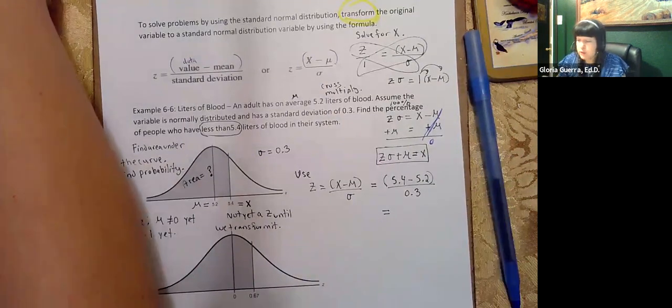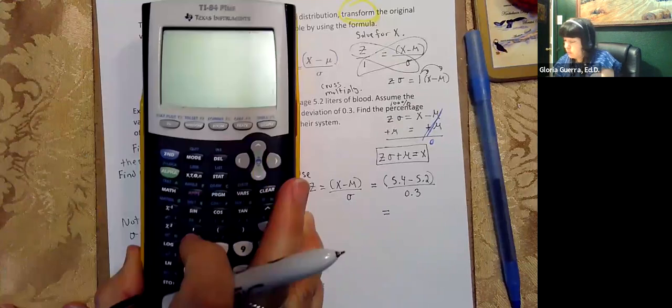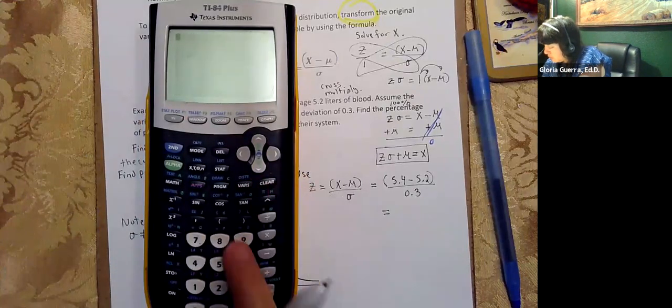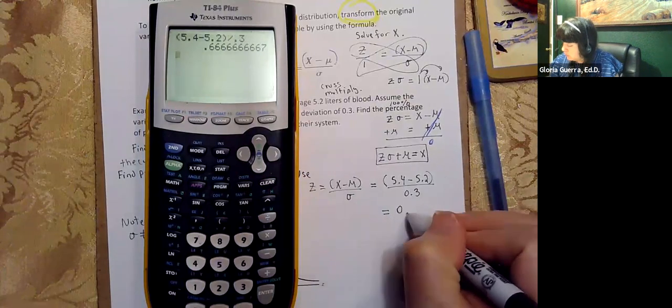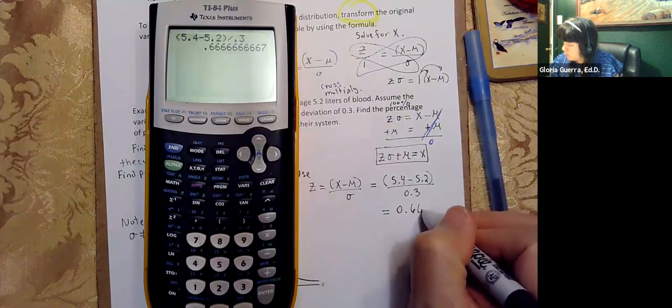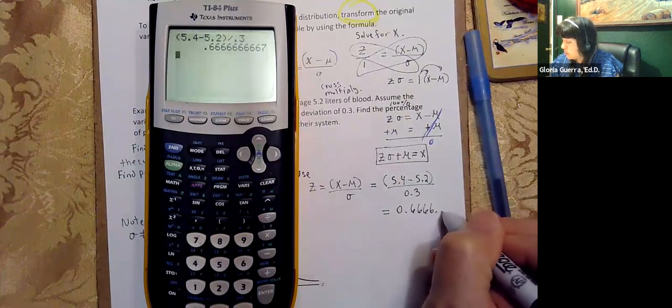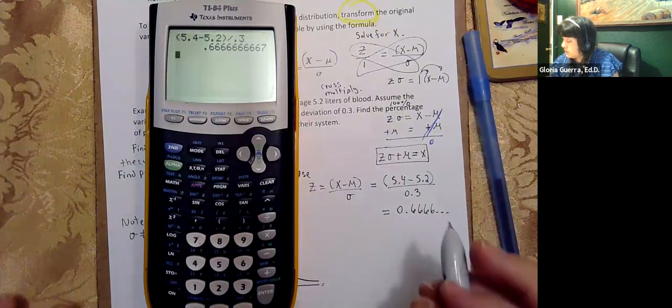And so when you type that in on your calculator, parenthesis 5.4, take away 5.2, close parenthesis, divided by 0.3, you should get a repeating decimal of a lot of repeating sixes. Now, I'm going to just put dot, dot, dot here because this is a z.